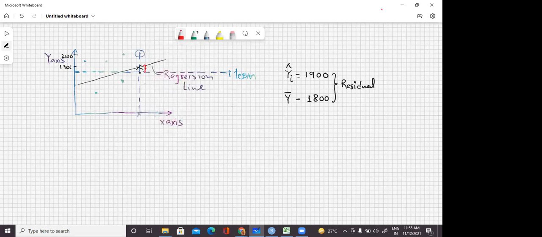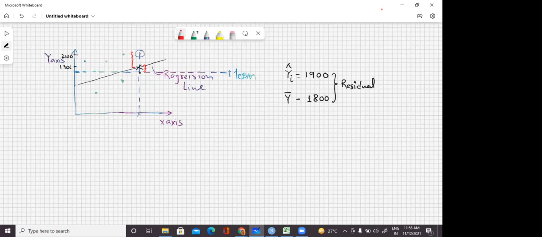This distance is residual, and this distance is called the error. It is not actually an error. We have tried our best with the regression line to make a prediction, but this difference as a nomenclature is called the error.